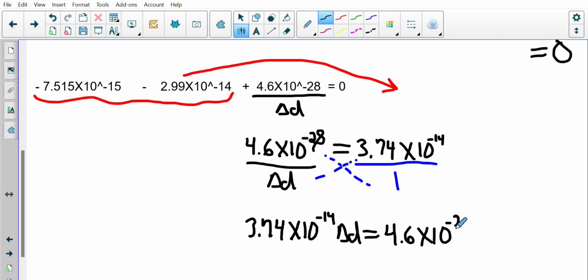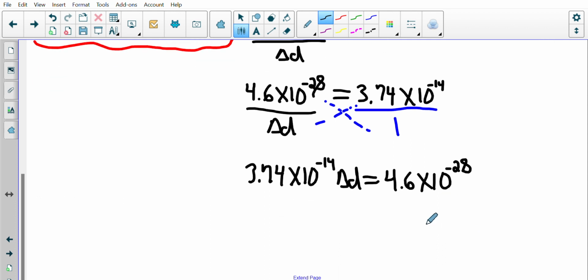Whew, we're getting there. All right, and then finally, I got to get delta D by itself, so we're going to divide both sides by 3.74 times 10 to the negative 14. All right, do the same thing on the other side here.